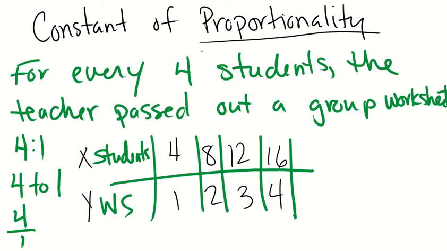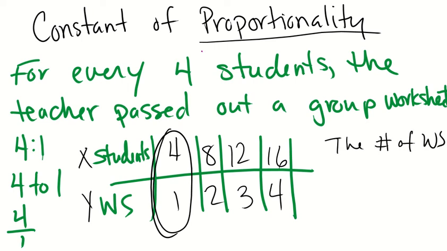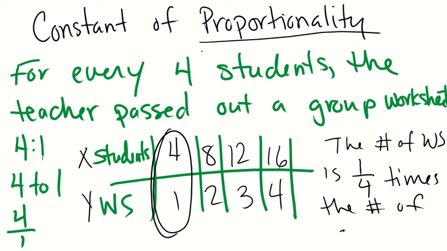But the idea is we want to talk about the relationship between the terms, and in this instance, the number of worksheets is 1/4 times the number of students. So even though it is a fraction, our constant of proportionality would be 1/4.